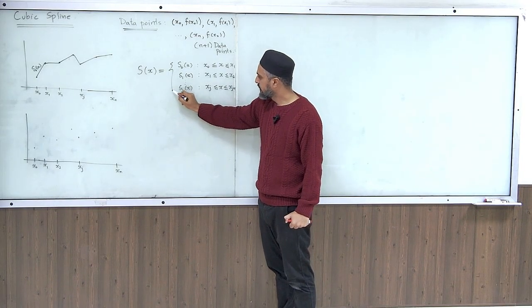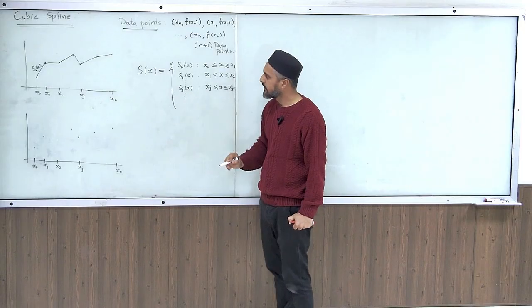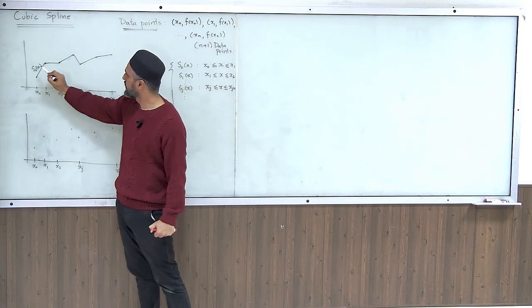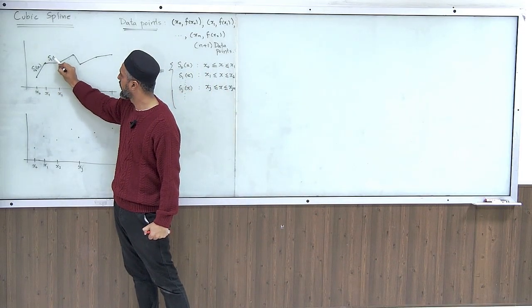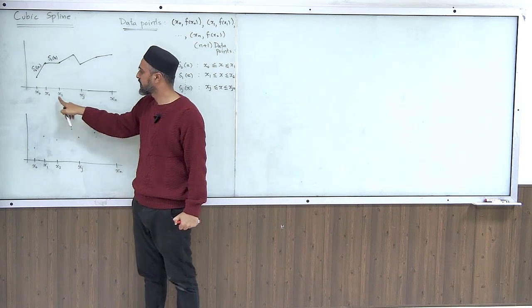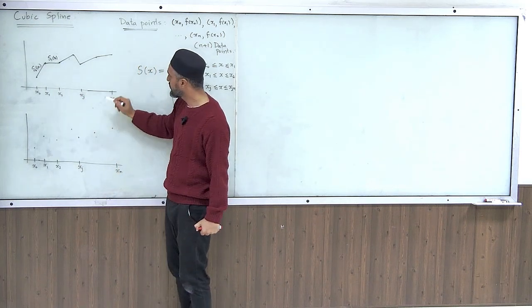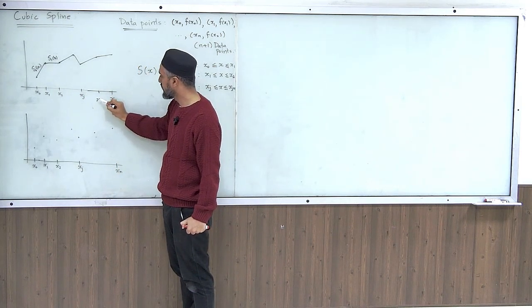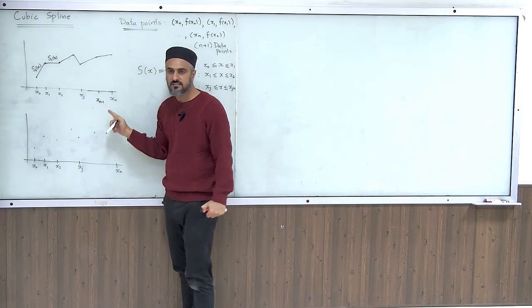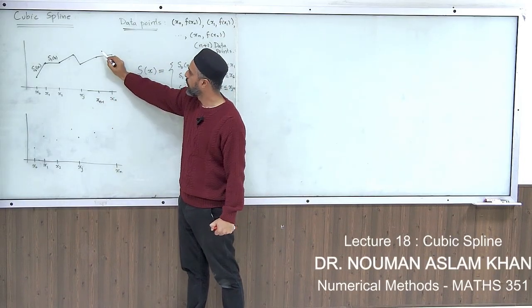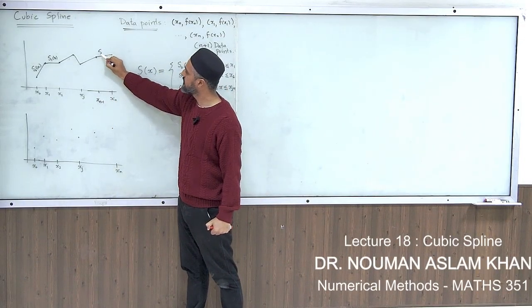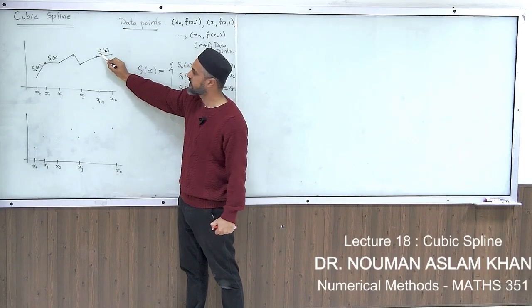If I continue like this, here we have s1 between x1 and x2. So between the points xn minus 1 and xn, we will have s of x with a subscript.